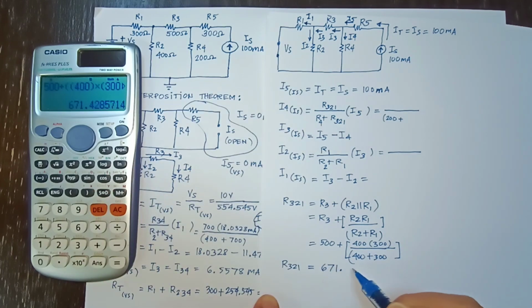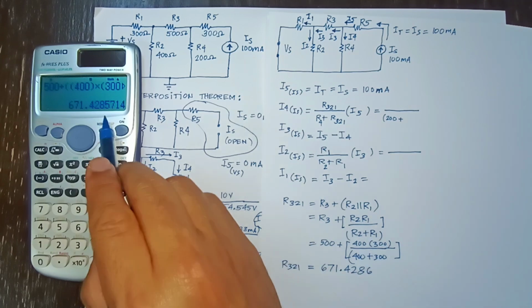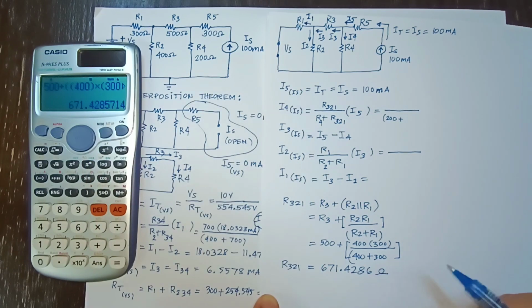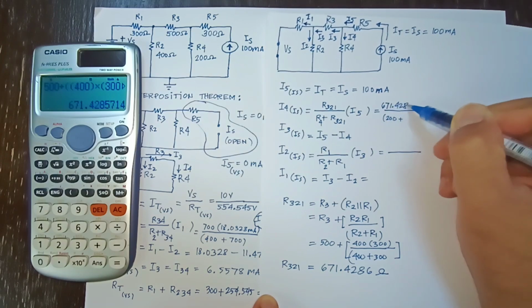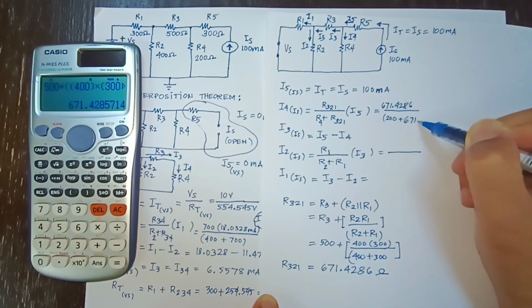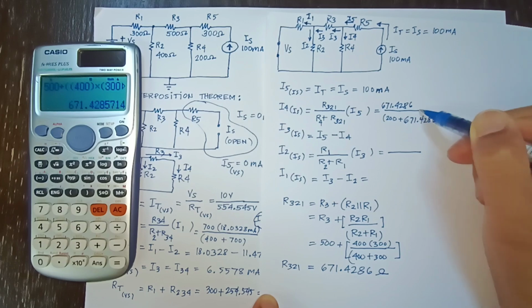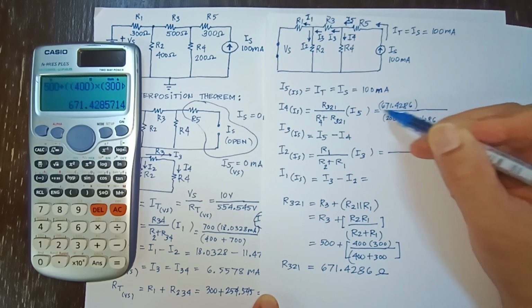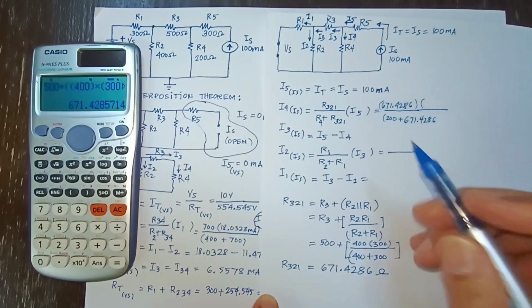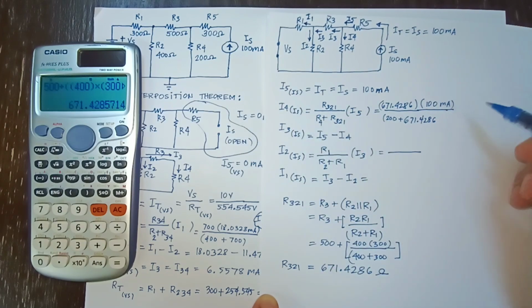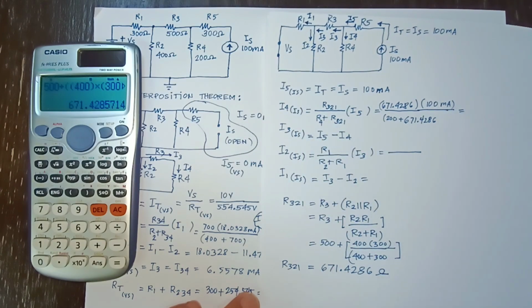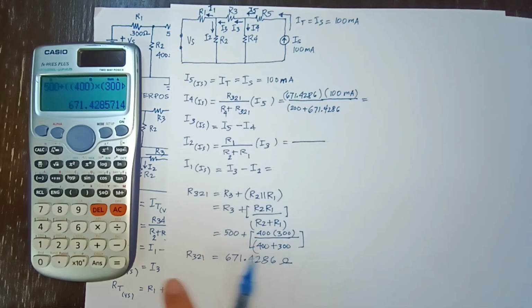So I got 671.428 ohms, or 671.4286 ohms. I rounded 57 into 6. That's why it's like that. Then we substitute this R321 value on I4, and we will see the I5 is 100 milliamperes multiplied with the values given here. Let's use the calculator again.